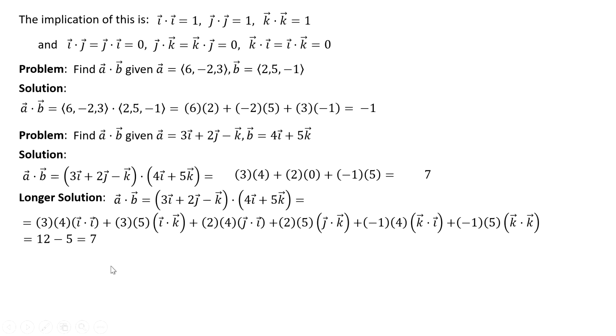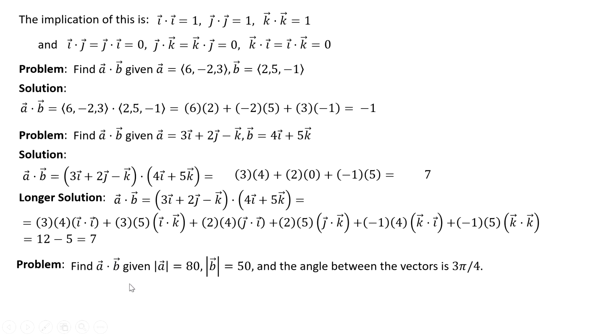Okay, all right. Problem: find A dot B given the magnitude of A is 80, the magnitude of B is 50, and the angle between the vectors is 3 pi over 4. If you need to, please pause and see if you can solve this problem. What are you asked to find? A dot B. What are you given?